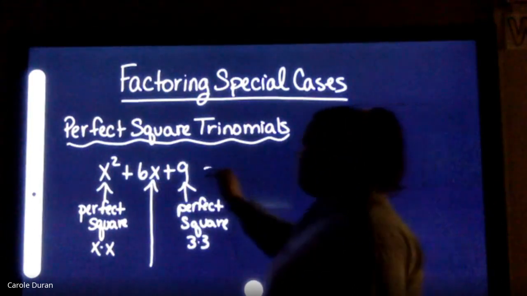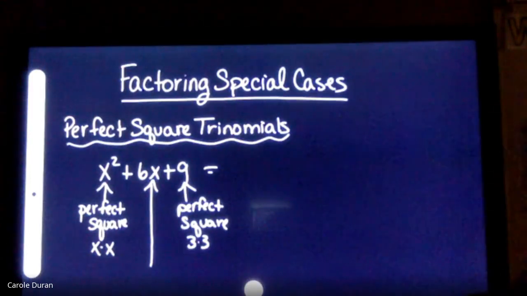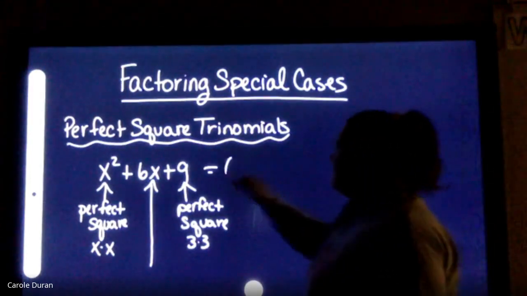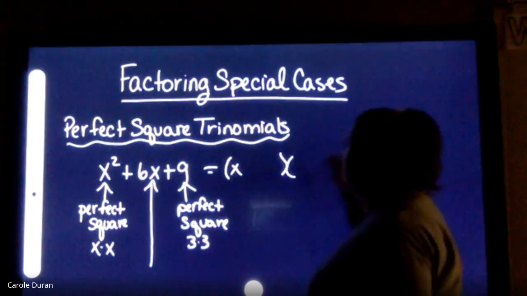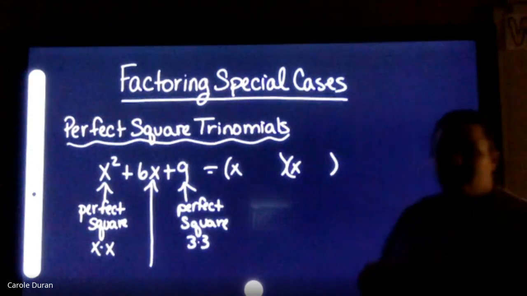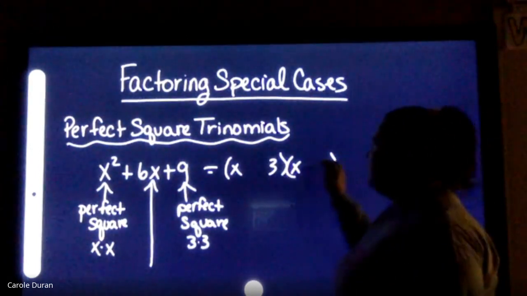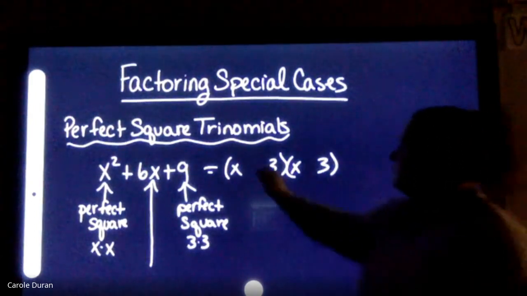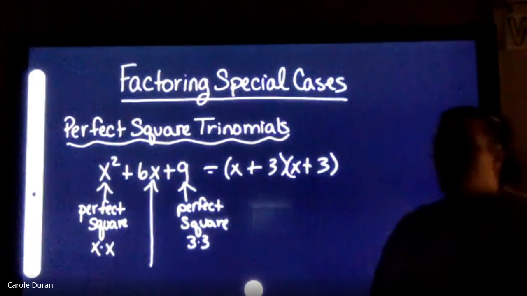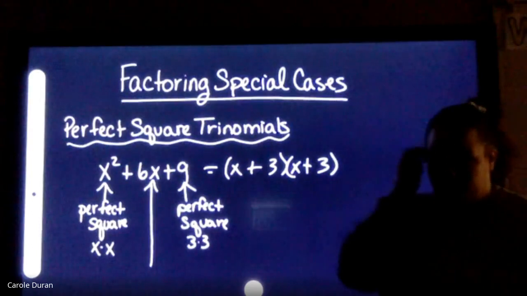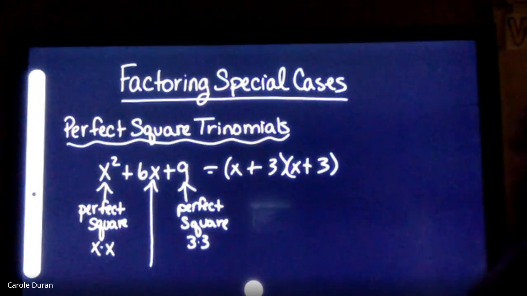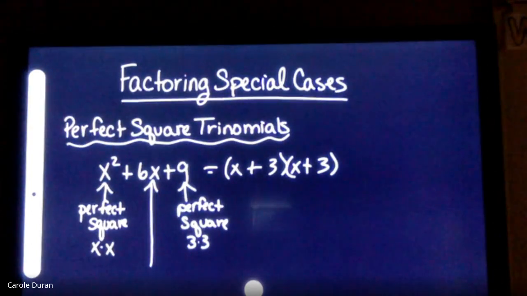We already know that if I have a perfect square trinomial, it's going to factor into the square root of my first term and the square root of my third term with the sign of my middle term. So x squared plus 6x plus 9 factors into x plus 3 and x plus 3.